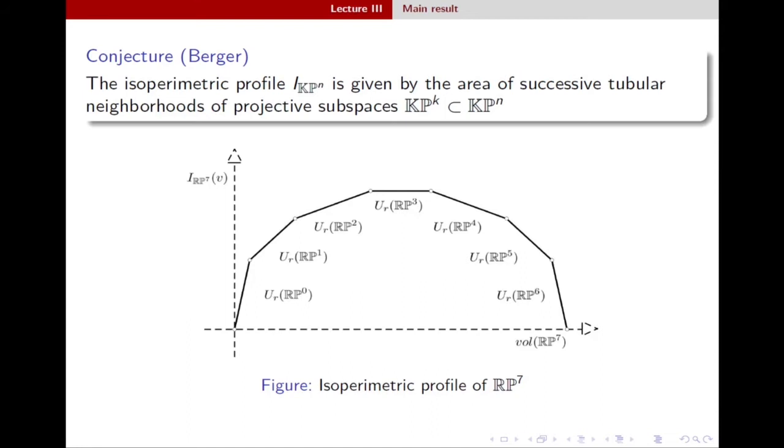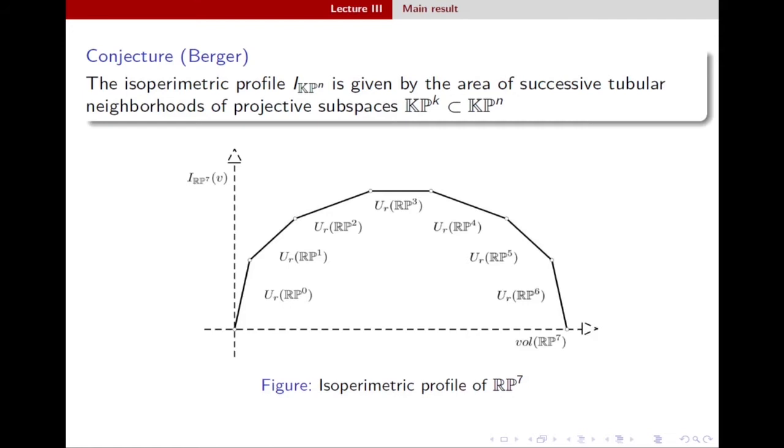This successivity property was conjectured by Berger, and it should hold in any projective space, so you can include the real projective space or the complex projective space.